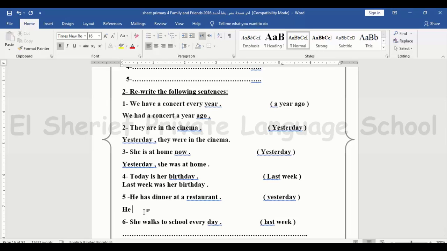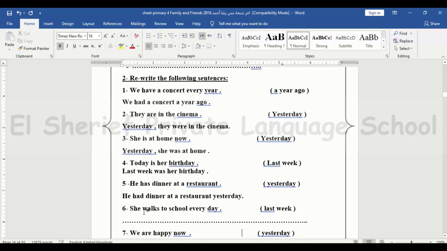He, and the past form of has is had. He had dinner at a restaurant yesterday. Again, the answer is he had dinner at a restaurant yesterday.